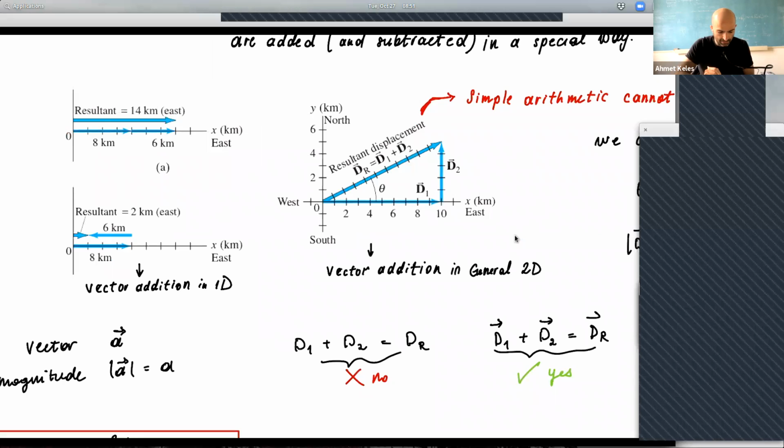And then you take a rest and walk another 6 kilometers. These are both vectors. When you're here, you can ask yourself, what is my net displacement from the starting point? For this, you add these two vectors. Vector 1, 8 kilometers. Vector 2, 6 kilometers. Your resultant displacement is 14 kilometers to the east.